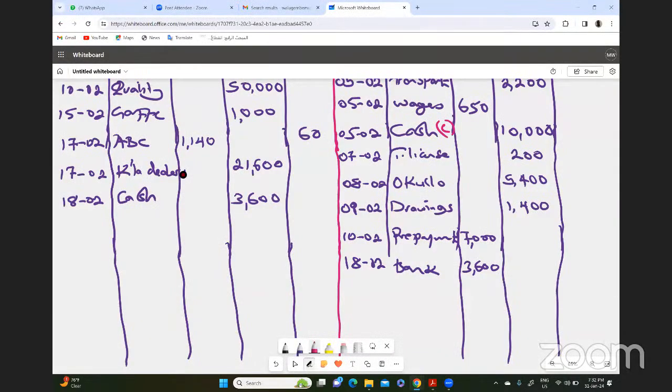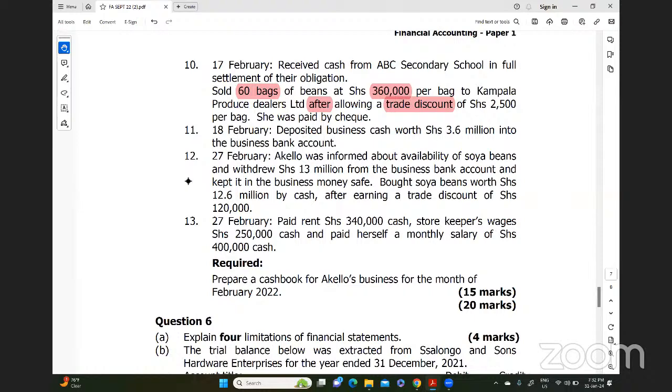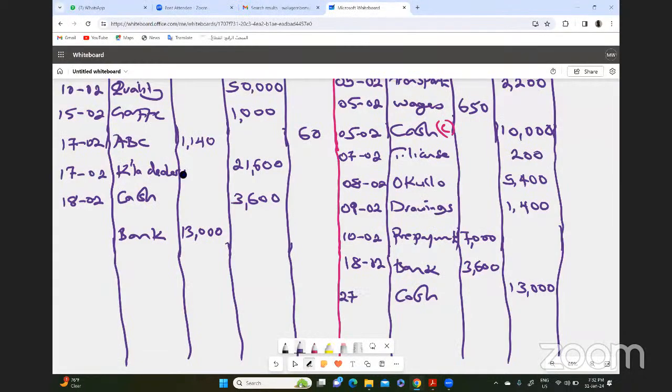So we are having 13. So we say that these are contras, eh?